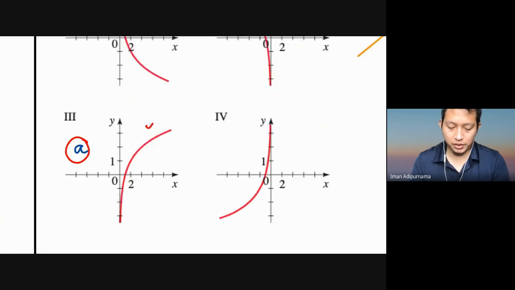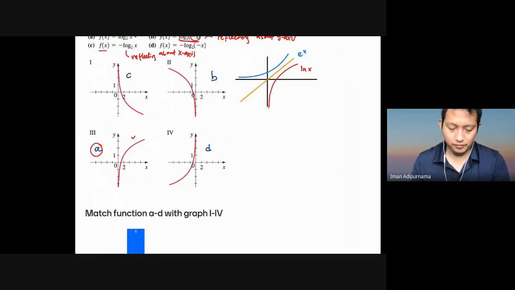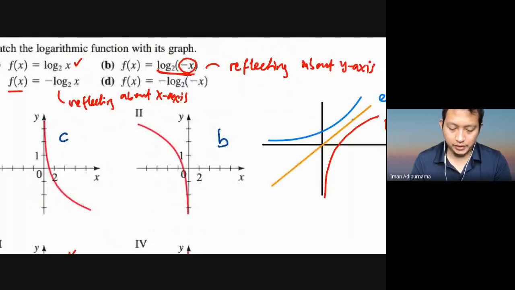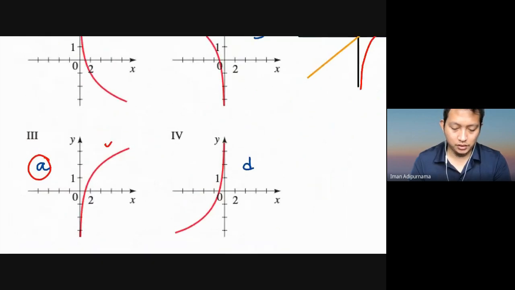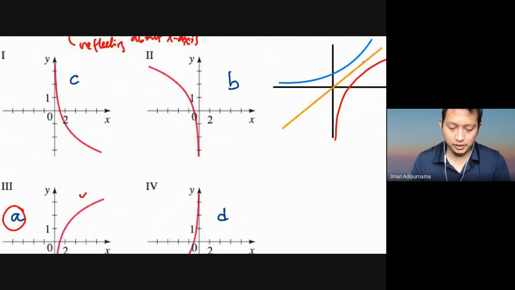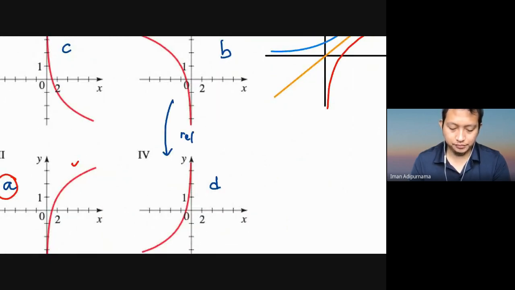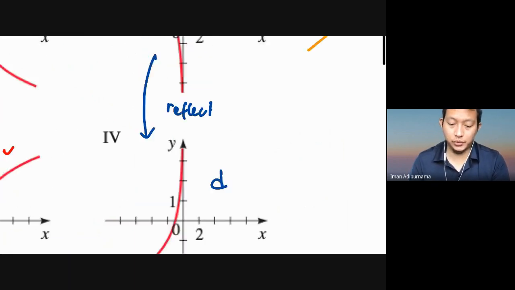So reflecting from here, going to be here, and then reflect, and it becomes this D. So you reflect twice.